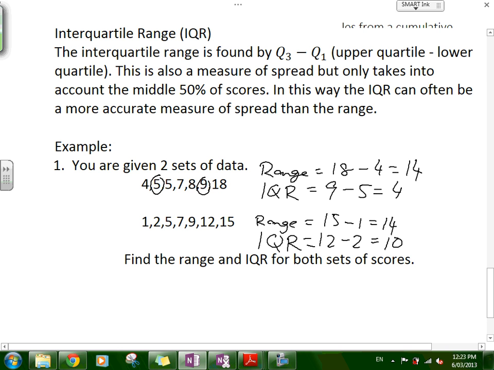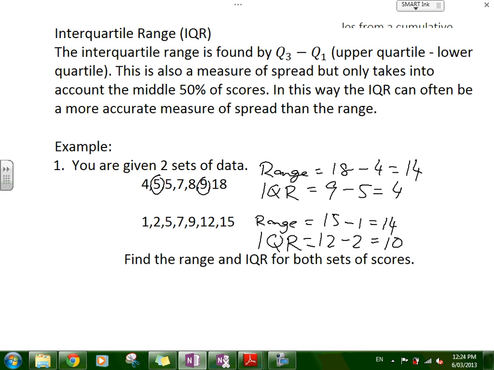Now, the thing about this is, which of these, the range or the interquartile range, is a better indicator of the spread of this data? Why is it the interquartile range? Yeah. So that's the idea. The interquartile range represents this one better because most of the numbers are between 4 and 9, and then it jumps out to 18.